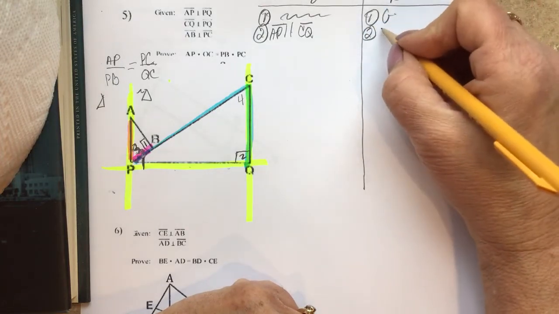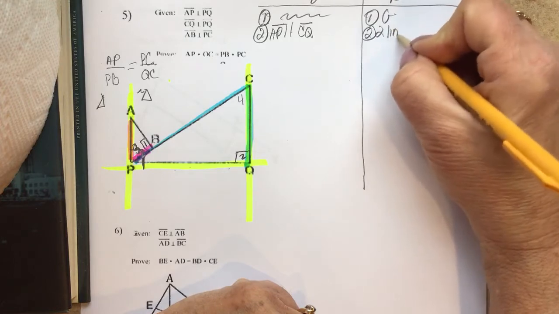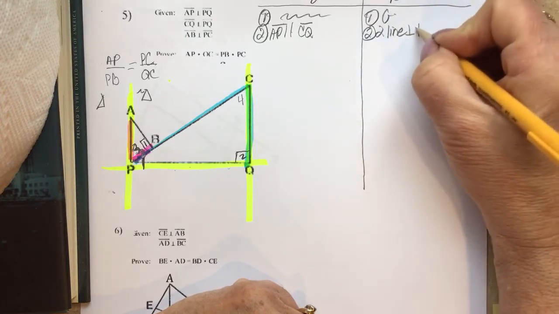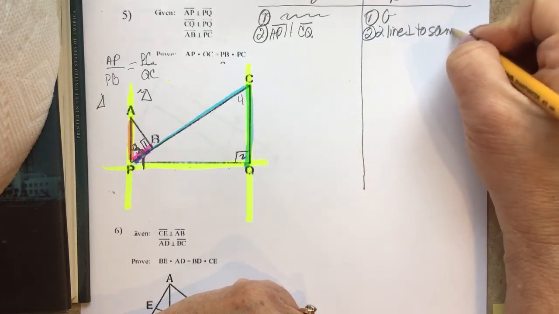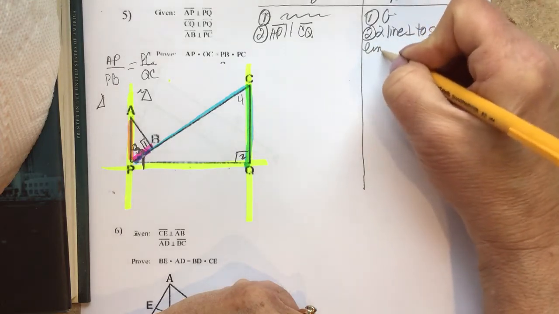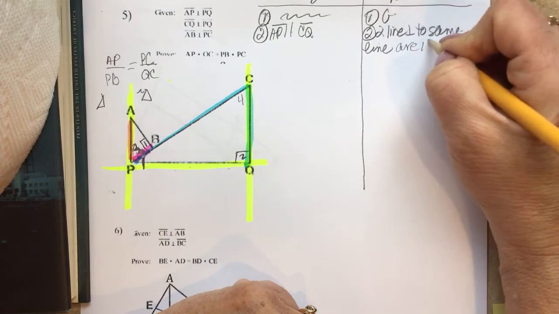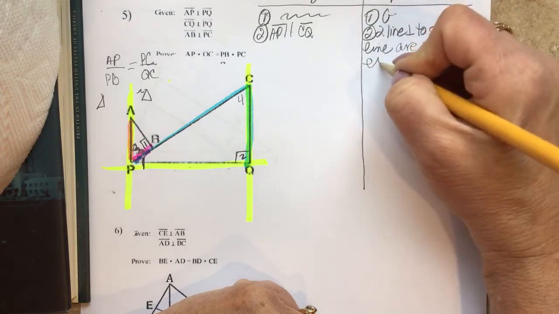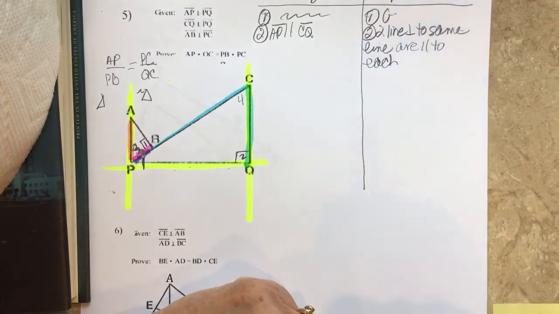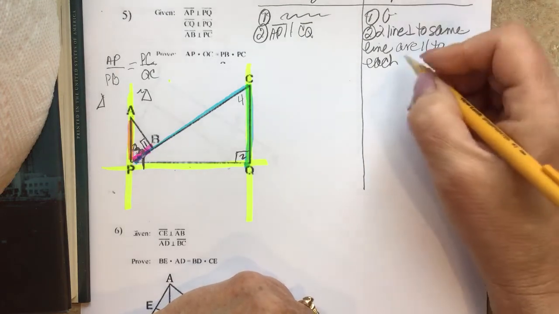And the reason is 2 lines perpendicular to the same line are parallel to each other. We've actually proved that a few times, even through construction.